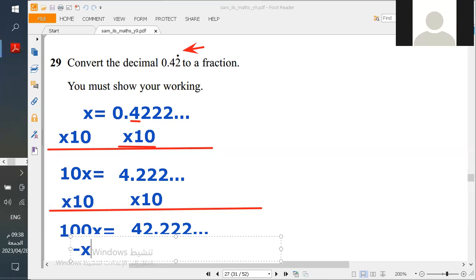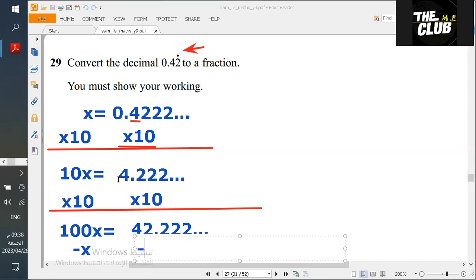She means after we do the minus, it becomes 41, not 42. No, this is 4. You minus x. Okay, I'm sorry. Yes, right.